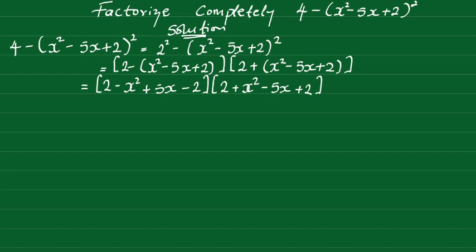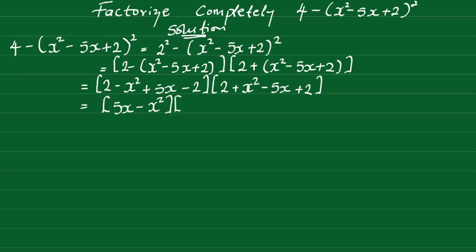Bracket closed. This in turn is equal to, collecting like terms within our first bracket, 2 and minus 2. 2 minus 2 gives 0. So we're left with minus x squared plus 5x. This can be written as 5x minus x squared, bracket closed.